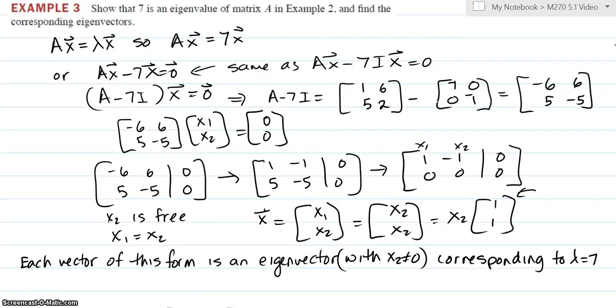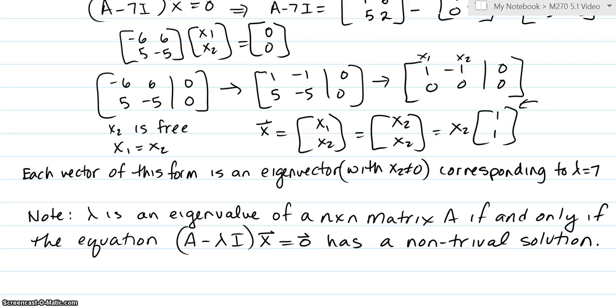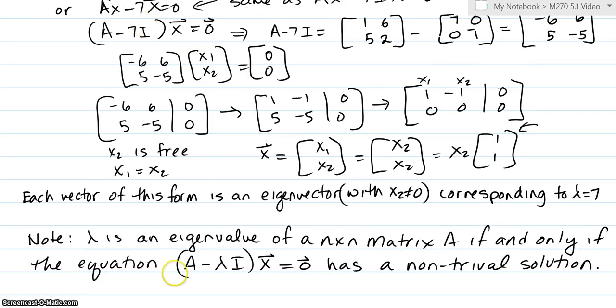So there are many eigenvectors that will work. And note that lambda in general is an eigenvalue of an n by n matrix A if and only if the equation we saw up here, A minus lambda I, of x equals 0, has a non-trivial solution.